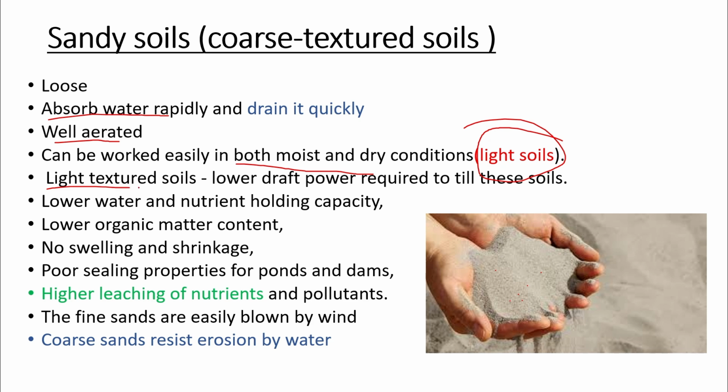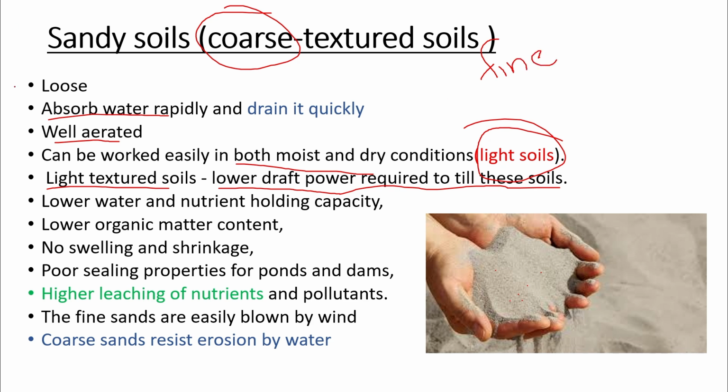It is light textured soil due to the lower draft power required to till the soil. So here we use coarse, and its opposite is fine, fine textured.